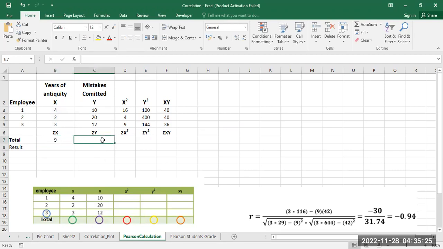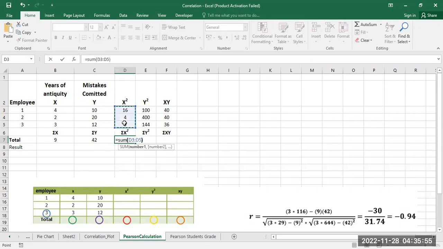Now in the case of the sum of Y, I do the same thing, SUM. I add all these values, and I press my enter key, and Excel neatly sums this up. So let's see, the summation of all the X squared is also going to be equal to SUM. Excel has neatly given me that.